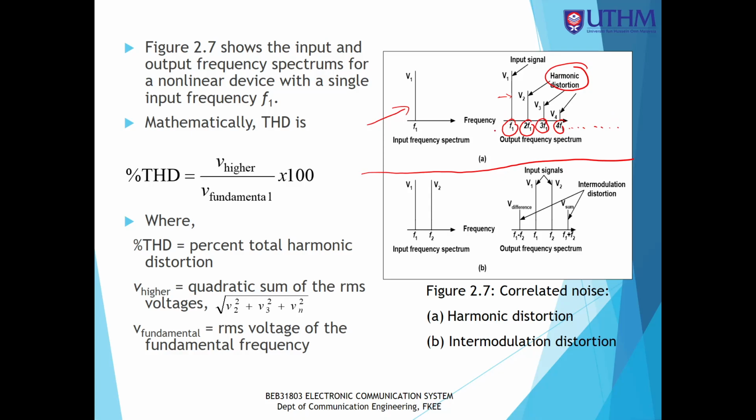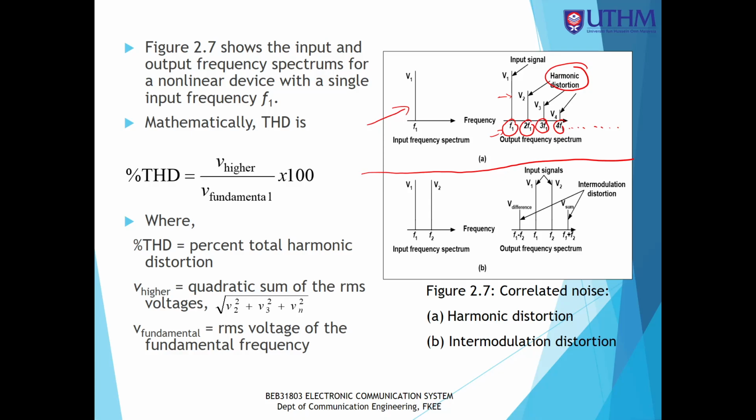The fundamental frequency is sometimes called the first harmonic, first order, but in your notes it is referred to as the fundamental. After the fundamental is the second order, third order, fourth order, and so on.